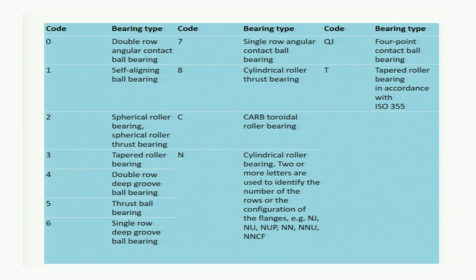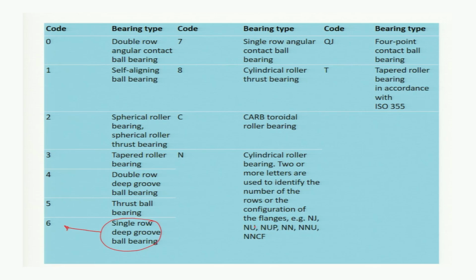Now, this figure shows you the code which is used by SKF for different bearings. For the single row deep groove ball bearing, the number used is 6.